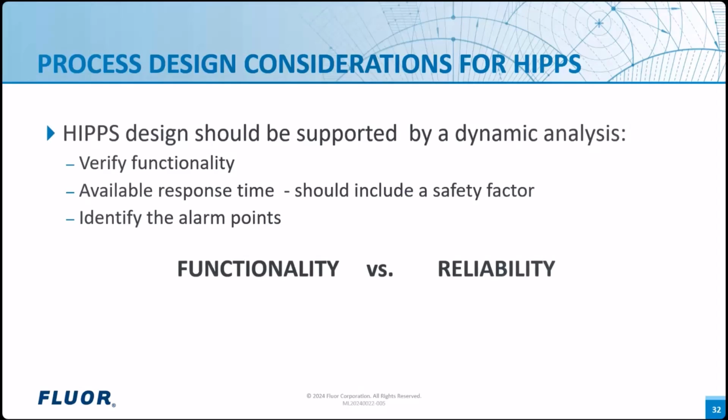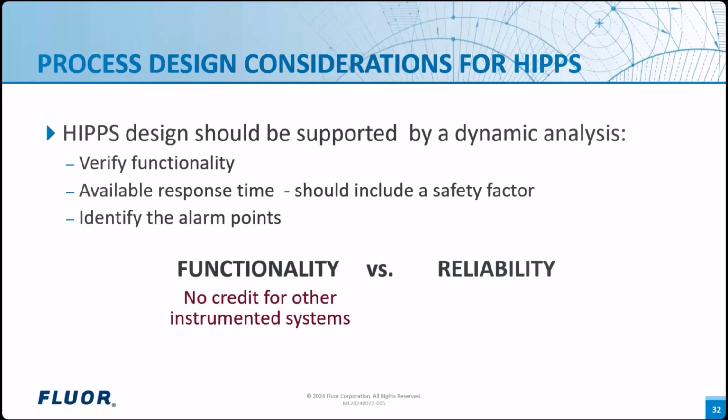I want to be careful to distinguish crediting other instrumented systems in terms of function versus reliability. Improving the functionality, by which I mean the demonstration that the HIPPS alarm points and final actions are sufficient to prevent overpressure, should not credit the function of other instrumented actions.